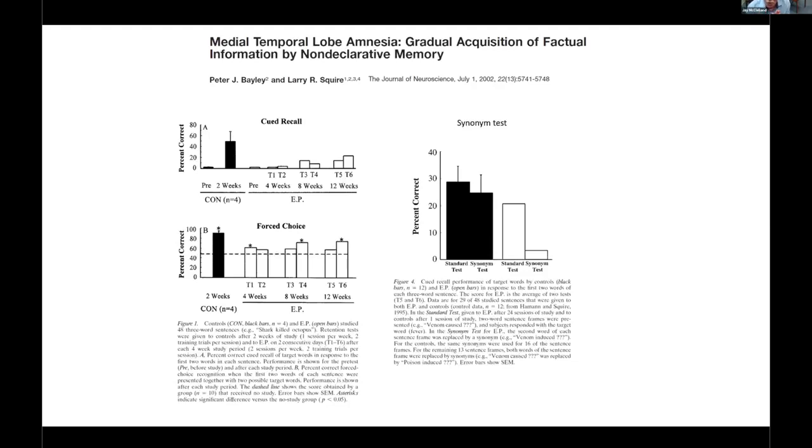And so the examples were things like "shark killed blank." If I gave somebody this item, like shark killed, and asked them to complete this, we'd get a range of possible responses. Maybe with some very low probability, the word octopus would be produced.